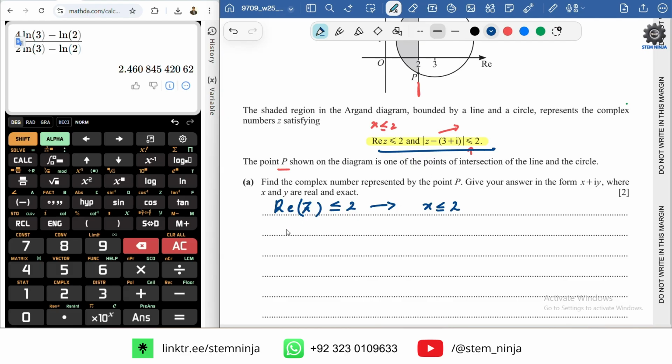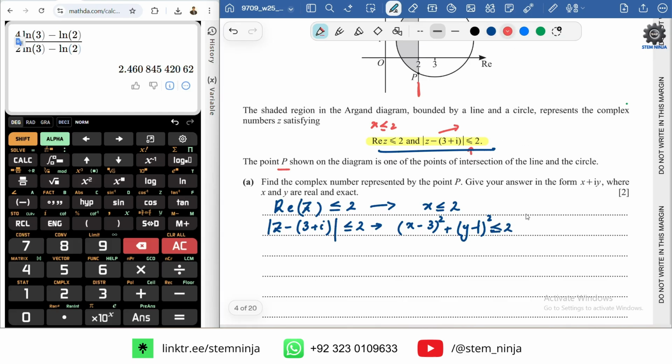And this thing |z − 3 + i| ≤ 2 can be written as (x − 3)² + (y − 1)² ≤ 2, or less than or equal to 2 basically.